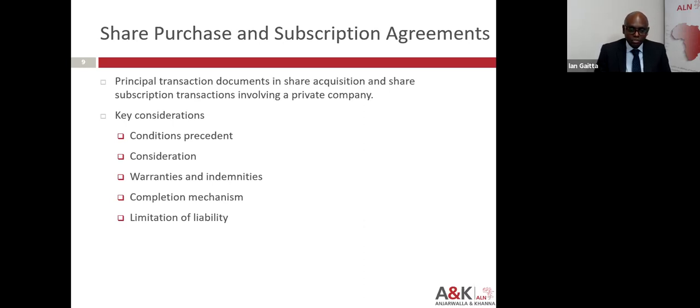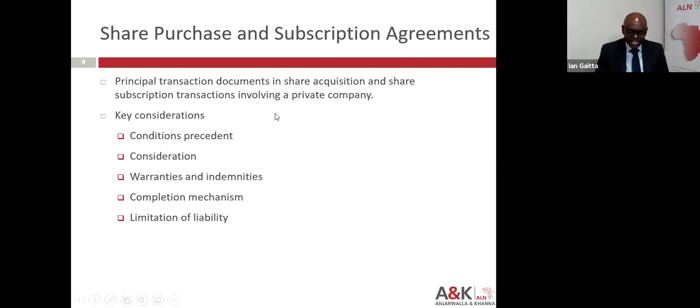In addition to that, a lot of time is always spent negotiating warranties and indemnities. And depending on which side of the equity parties you're representing, then it's important to understand what is the key driver, what are the key risks that the party concerned is trying to protect themselves against, and then that way try and reach a sensible balance between protecting the incoming investors, but also acknowledging that there is certainly risk in investing in projects of this nature, some of which must be shared by all the parties investing, and therefore it cannot be foolproof, or indeed it cannot be that 100% of the risk is borne by one party.